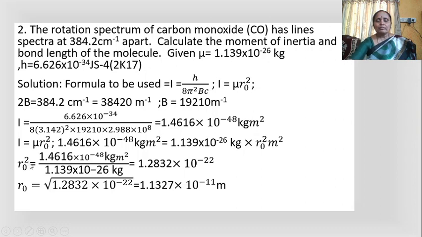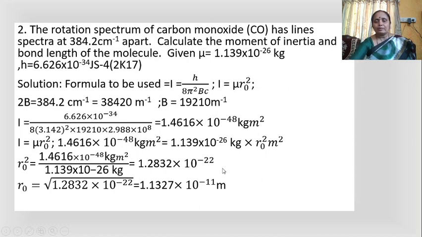So r naught square will be equal to this term divided by 1.139 into 10 raised to minus 26. It will be 1.4616 into 10 raised to minus 46 kg meter square divided by 1.139 into 10 raised to minus 26. When I cancel out the units, I will be getting 1.2832 into 10 raised to minus 22.